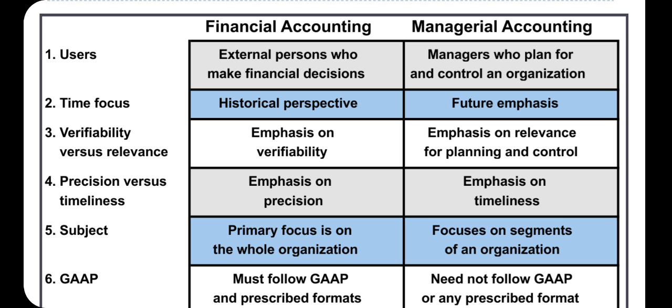I have explained to you the thing. The outputs of management accounting are budget and cost report. Mainly the user is the internal user. The user of the budget and cost report is the manager.